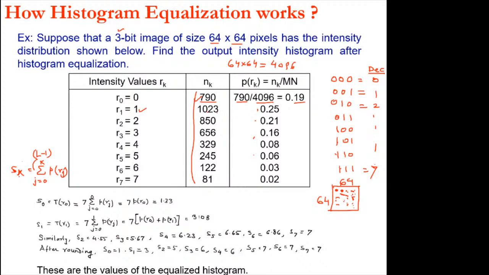So let us calculate the new intensity levels. New intensity level S0. By this definition, it will be L minus 1. So there are 8 intensity levels, you know that. Capital L 8 हो गया ना आपका. 3-bit system है, so there are 8 intensity levels.